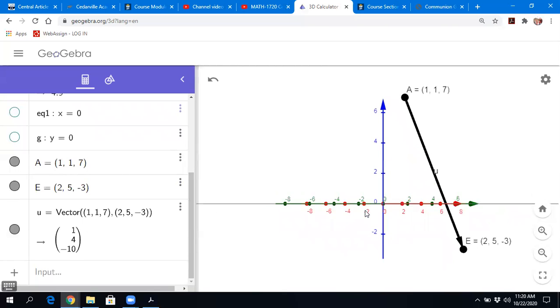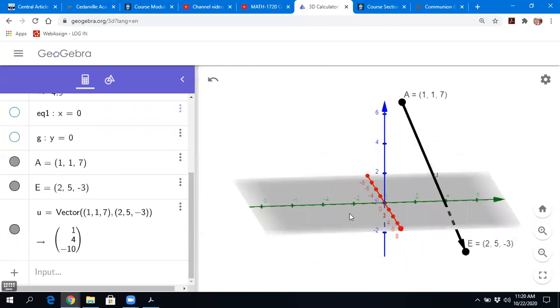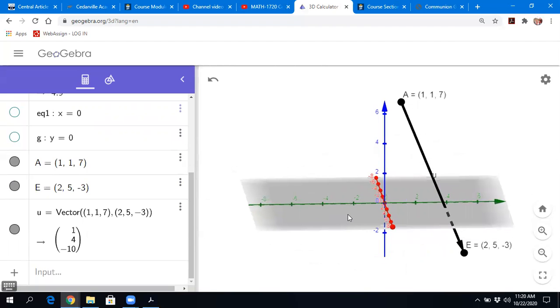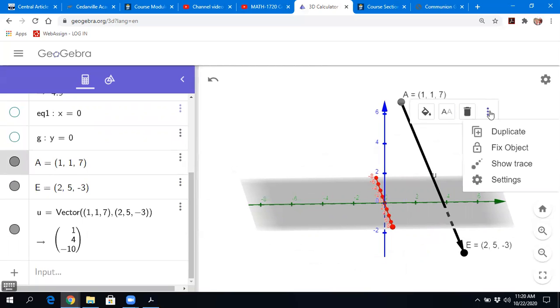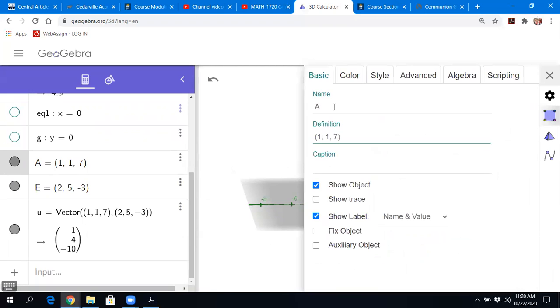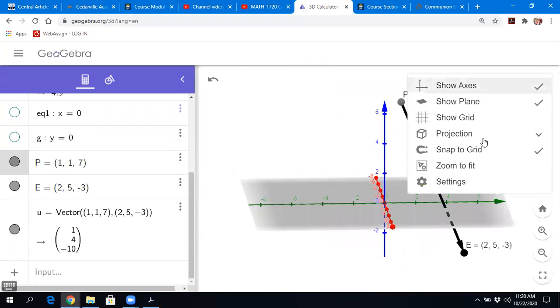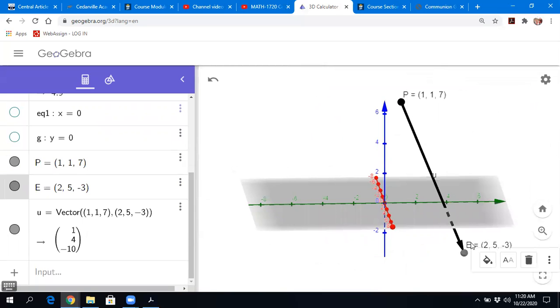And of course, if I want to see that thing in standard position, I could pull that off, couldn't I? By the way, if I really wanted to, I can click on these things and change stuff. So in settings, maybe I can name it P, so that it fits more with the problem that we were working on.